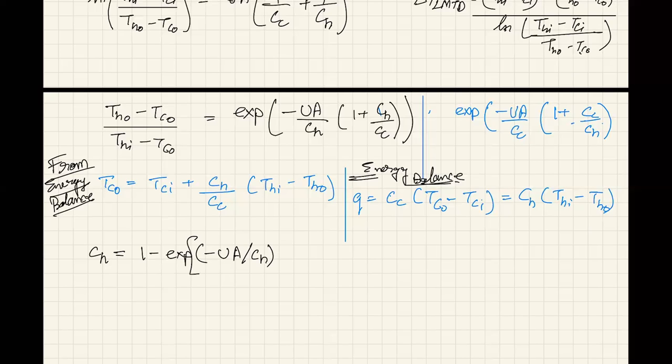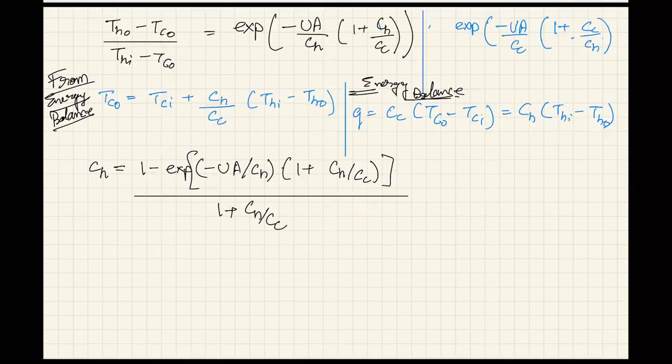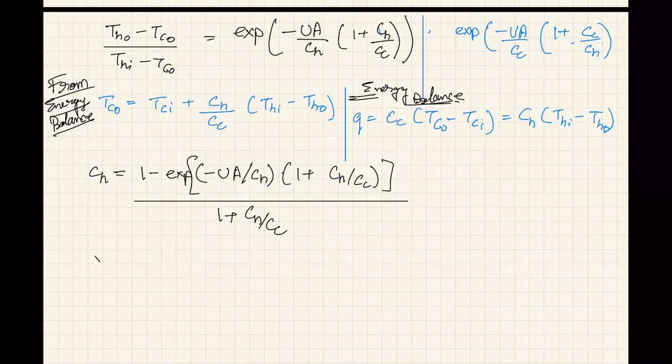So this comes out to 1 plus CH by CC, and this is then divided by 1 plus CH by CC. Similarly, you can also get the expression for CC if you use the one that has been written in blue. So I'll just continue the same thing in blue.